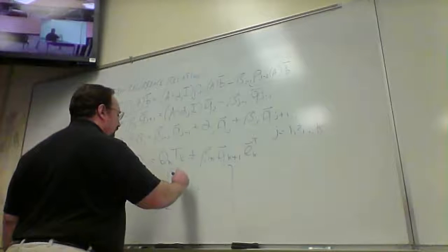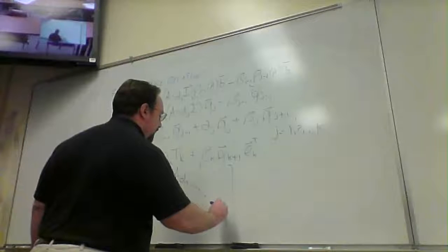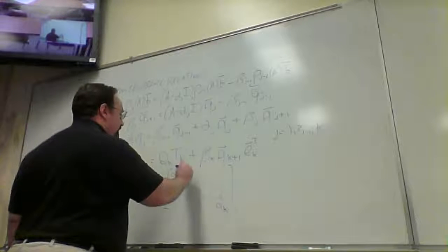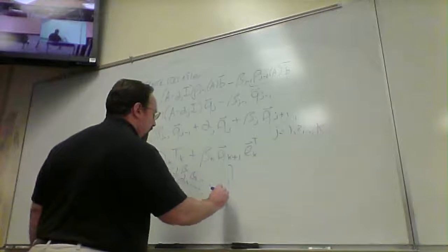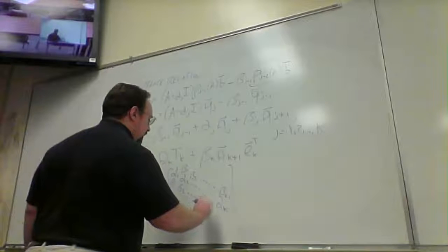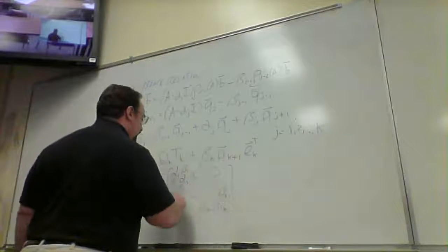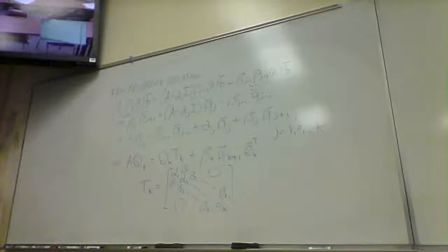So it's a tridiagonal matrix, symmetric. It has all the alphas on the diagonal and all the betas above and below, thus making it symmetric. All other entries are 0. Okay.